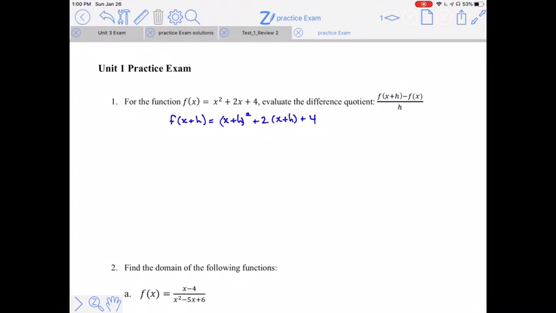Then we simplify. We expand x plus h squared, which is just x plus h times x plus h, and then we can distribute this 2 to be 2x plus 2h plus 4. If we multiply these together, we get x squared plus 2xh plus h squared.